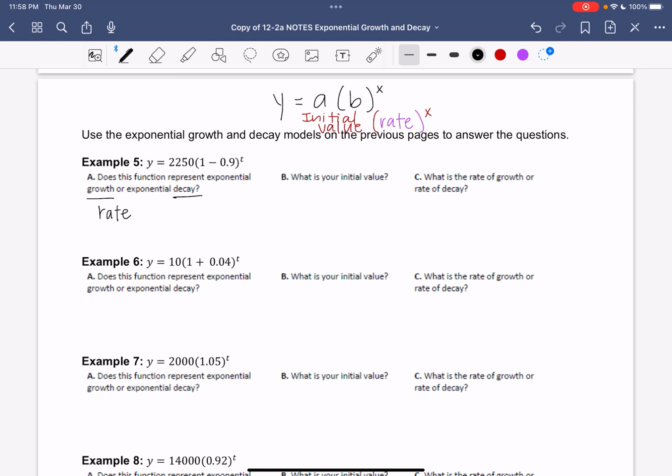So is the rate greater than 1 or is the rate in between 0 and 1?